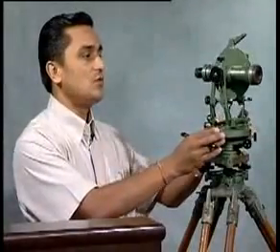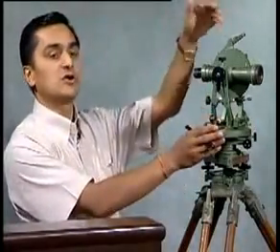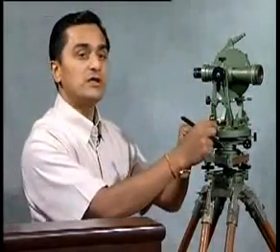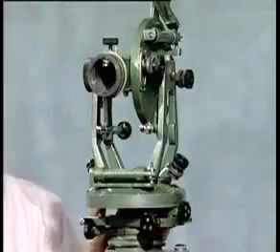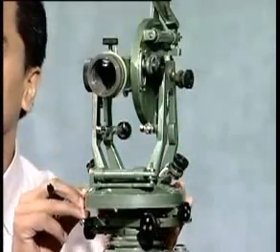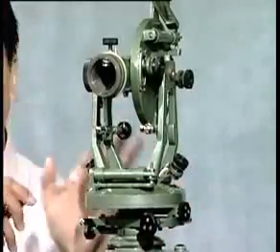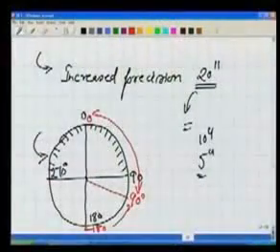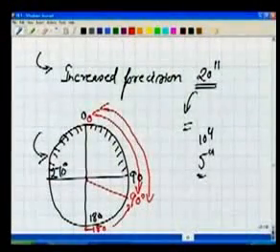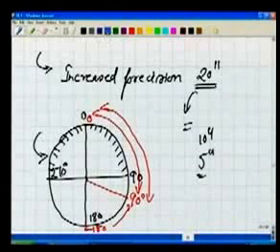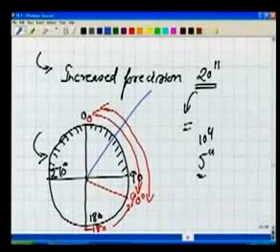So if you are measuring only once, as we did here, we bisected our ranging rod A, I took the reading, then I bisected the ranging rod B, or at C, I took the reading. Now if in between we are only observing from 0 to 90 here, what will happen? Let us say the angle which was measured was this.